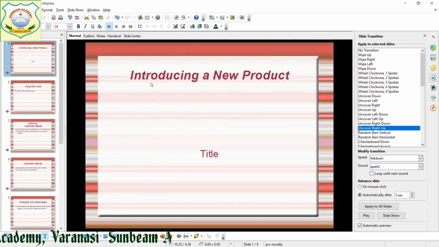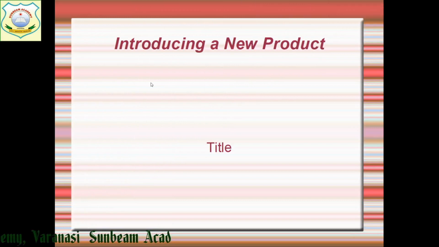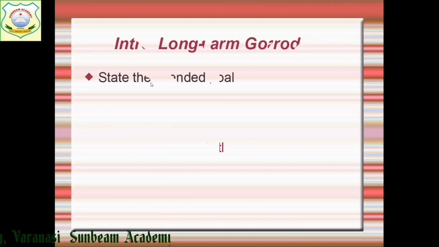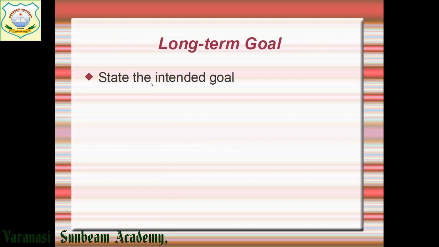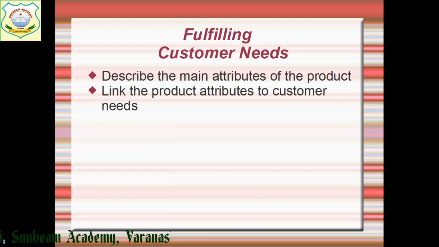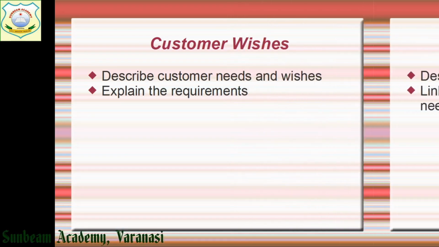Now you can see if I run this one, wait for 3 seconds, the second slide will automatically come. You have given the timing there. After that time, the next slide will automatically come. Since I have given it for the second slide only, you have to give timing for each and every slide.